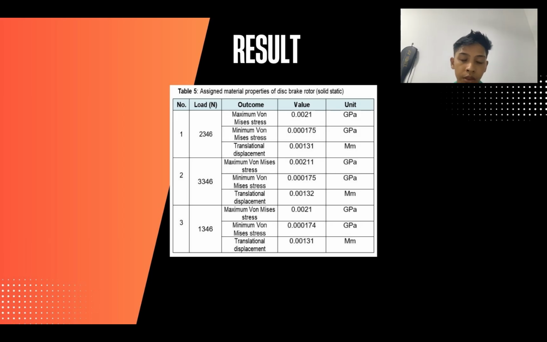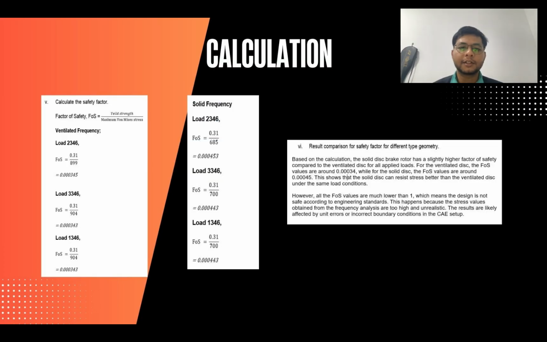For minimum von Mises stress 0.000174 gigapascal, and last for translational displacement 0.00131 millimeter. Next, for the calculation of the safety factor, the equation is yield strength over maximum von Mises stress.